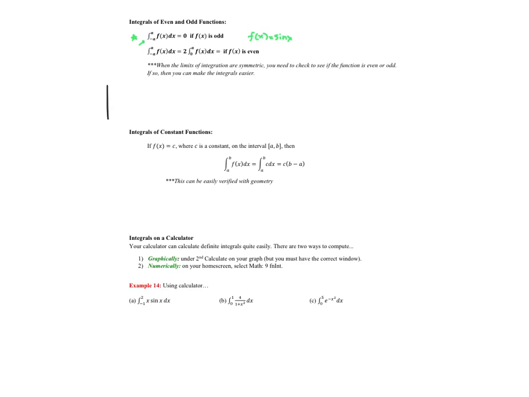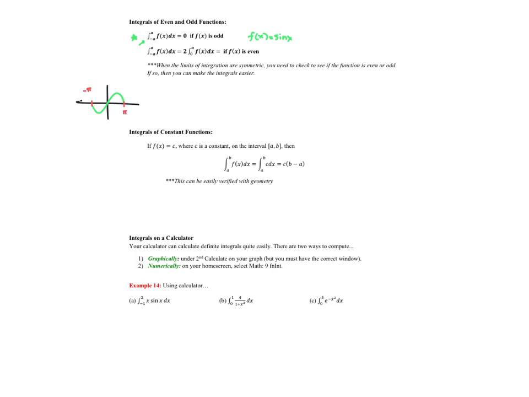So I'm going to graph sine x, from negative pi over 2 out to negative pi, out to pi.